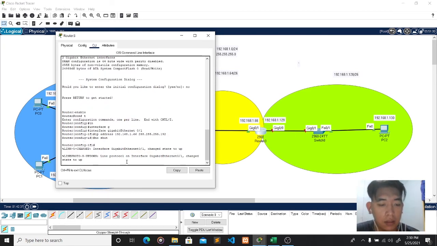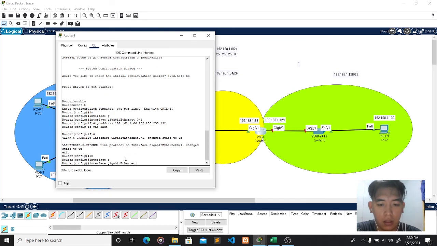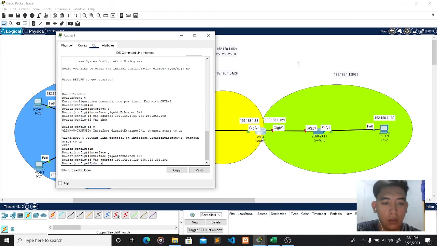Then next is the kabilang network, gigabit 0/0, interface gigabit 0/0, IP address 192.168.1.129 and subnet mask 255.255.255.192, then no shut.